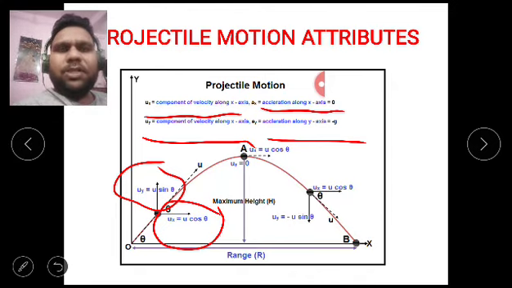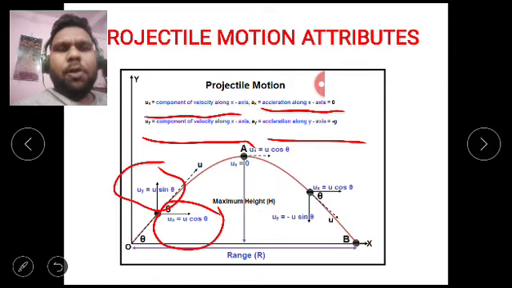The only force acting on the projectile is gravity, and gravity does not act sideways. Gravity always acts downwards. So there will be only a vertical component of acceleration, equal to minus g or plus g, depending on whether it is ascent or descent. The component of acceleration along the x-axis will be 0, because gravity does not act sideways and there is no other force except gravity.